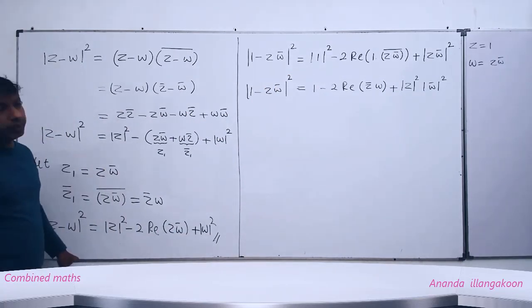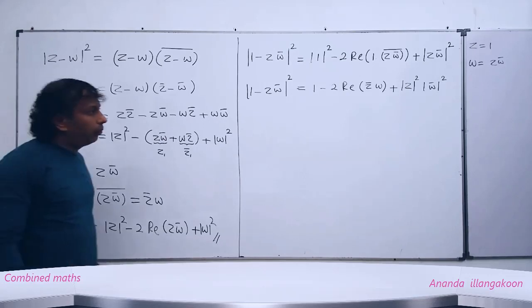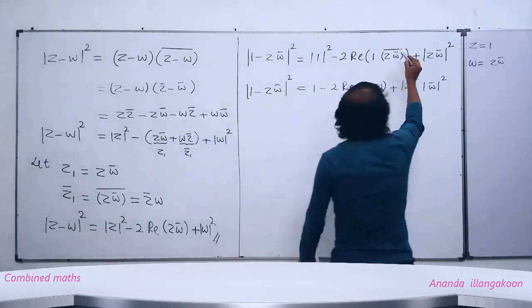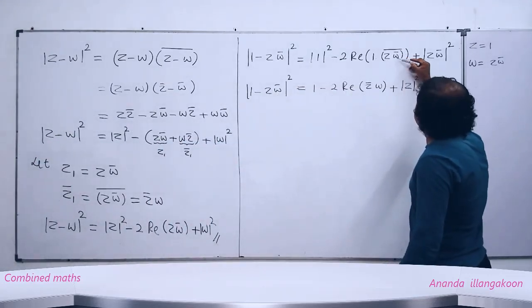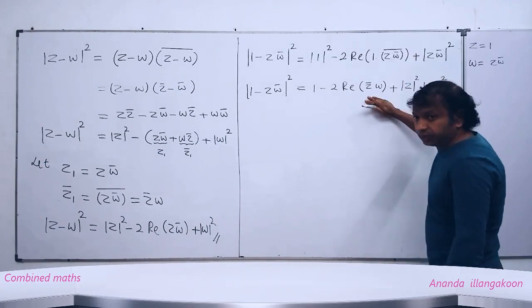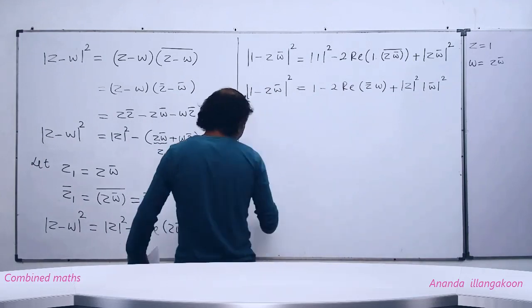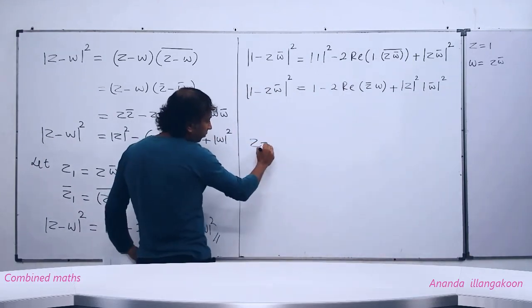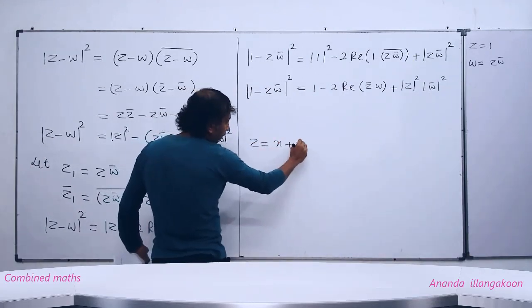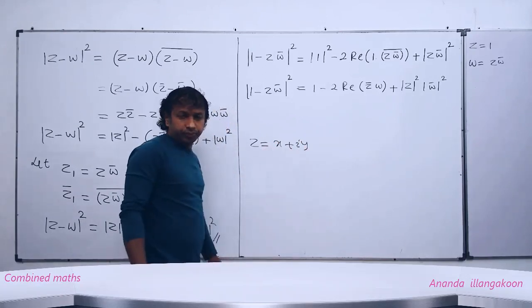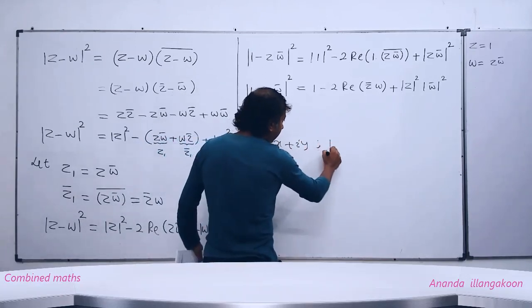Right. Now, though we put this conjugate for this Z and this W bar separately to get this one, people see here, when I consider the complex number Z, x plus iy, its real part is what?